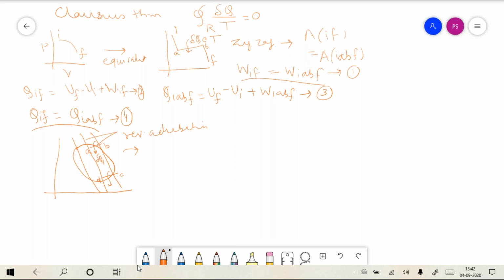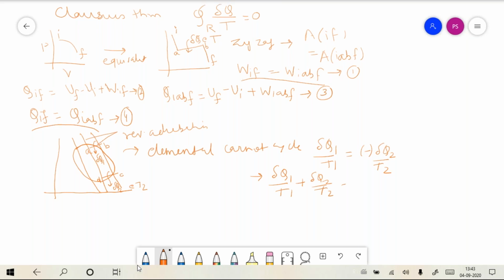Then you understand that by slicing this with reversible adiabatics, what you get is actually an elemental Carnot cycle, and for an elemental Carnot cycle, del Q1 by T1 is equal to minus del Q2 by T2. Now I am including the sign, or in other words, for the elemental cycle, del Q1 by T1 plus del Q2 by T2 is equal to 0.